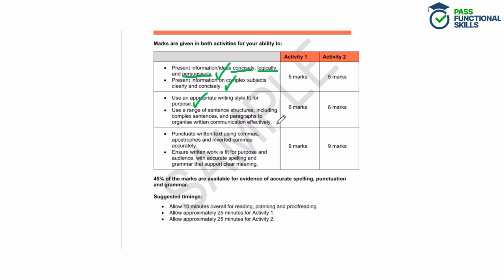So we've got paragraphs throughout, and we saw that we've been using longer sentences that connect ideas together. Our punctuation has been accurate throughout, and we've used quite a range there as well. And the work is fit for the purpose and audience. Accurate spelling and grammar have been used throughout to support clear meaning. So overall, it's a really fantastic answer and would achieve very high marks.